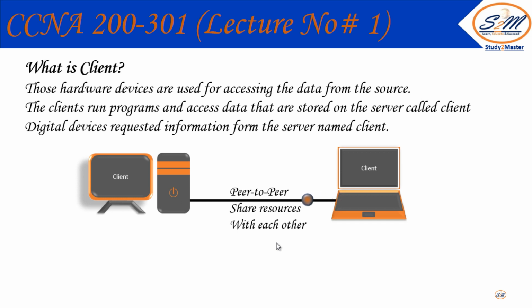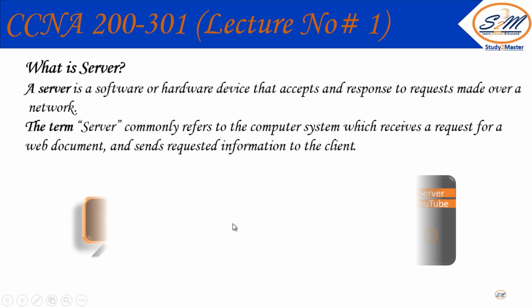We have a separate video about topology and types of networks like LAN, MAN, WAN, and peer-to-peer network. But it's a small diagram to illustrate a client. So this is also a client, a laptop is also a client. These two are connected via some media, it's a cable, and they provide data sharing between each other. What is a server?